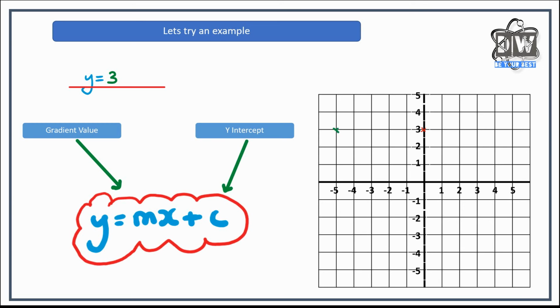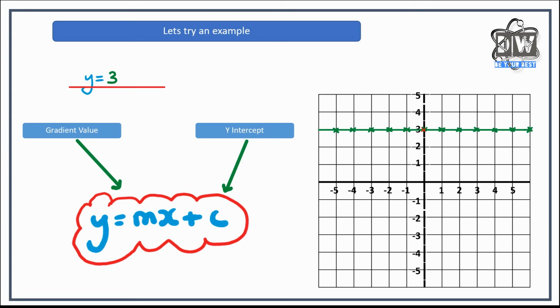We'll put a point. We'll go minus 4, and go up to 3. Put a point. Minus 3, minus 2, minus 1, the one I've already done, 1, 2, and so forth all the way through. So it doesn't matter what my x value is, my y value will always be 3. So we draw a line straight through there.